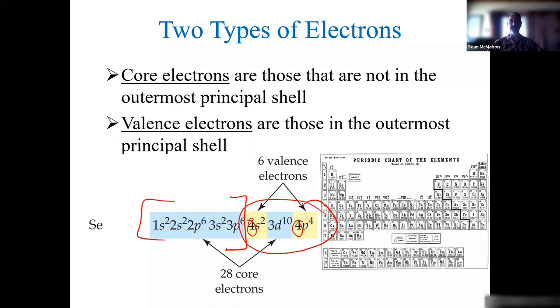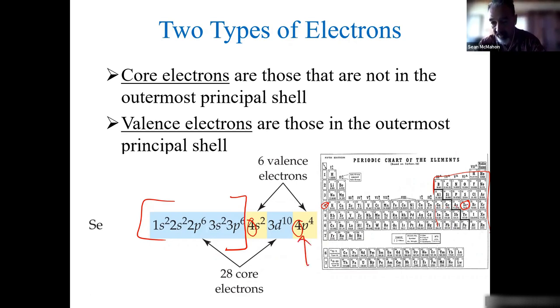So if I look, where is selenium? It's right here. It's in the 4th energy level, in the P block, in the 1, 2, 3, 4th position, so 4p4.